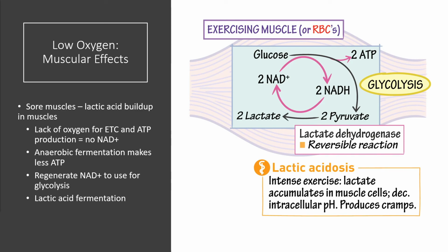So to remedy this shortage of NAD+, the cell begins to divert pyruvate molecules from the electron transport chain and instead use those pyruvate molecules to convert NADH into NAD+. This ensures that the cell can still produce some ATP through glycolysis, even in the absence of oxygen.